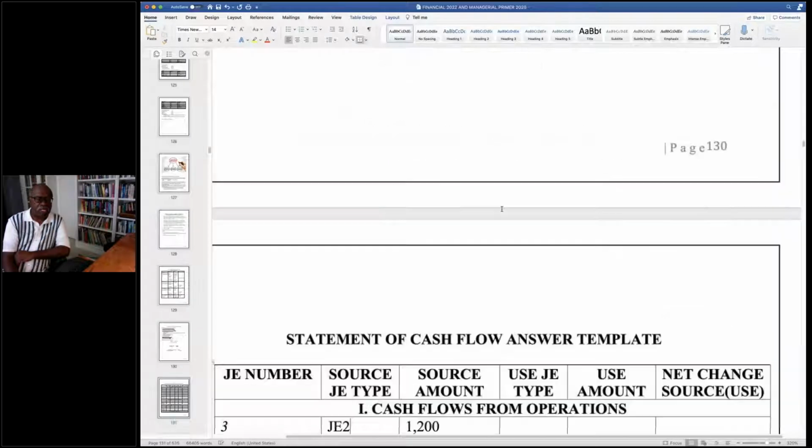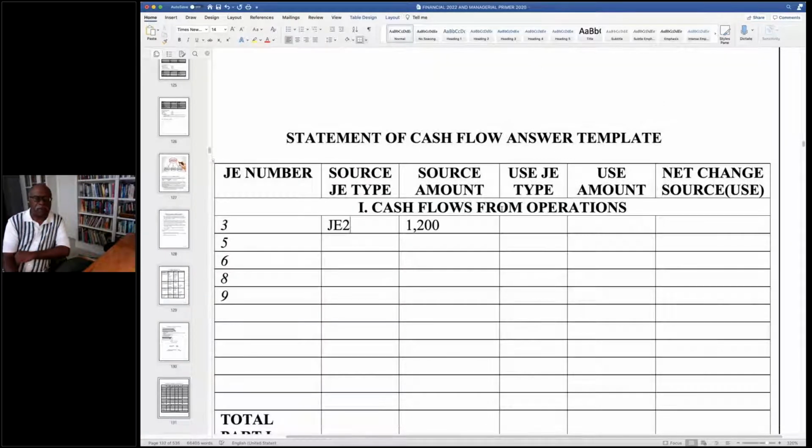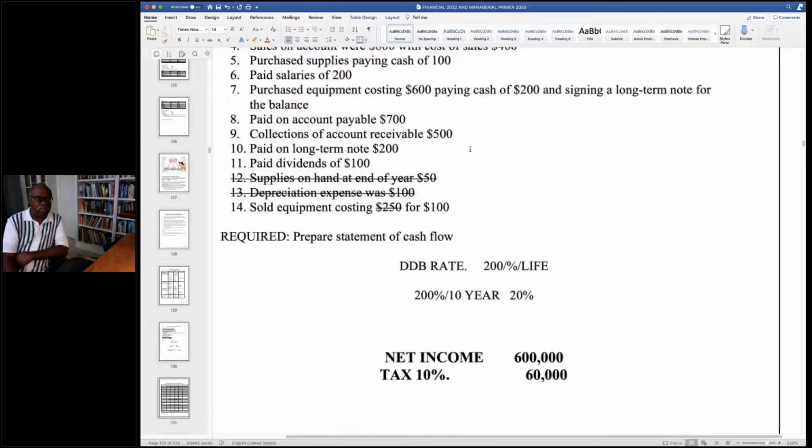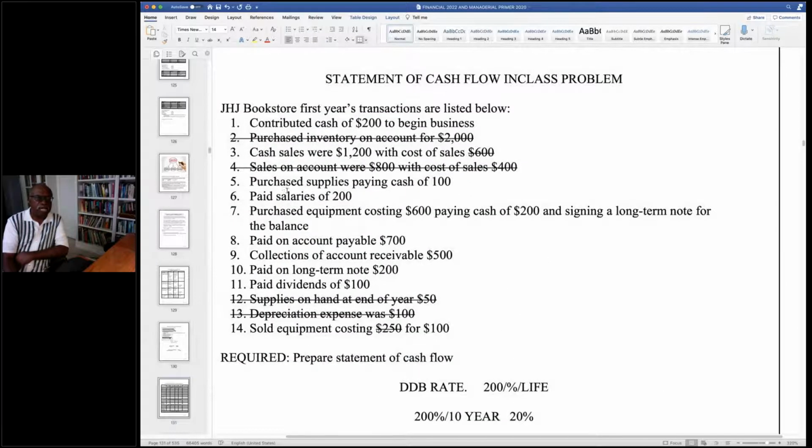That's transaction number 5. So the amount is 100. That's going to be JE7. So journal entry type 7. So we're continually going through every one we didn't scratch out.